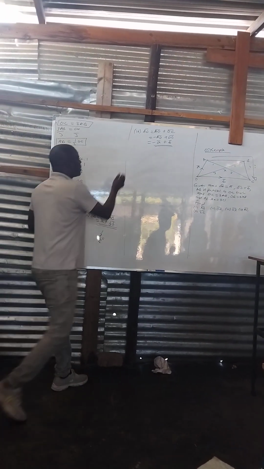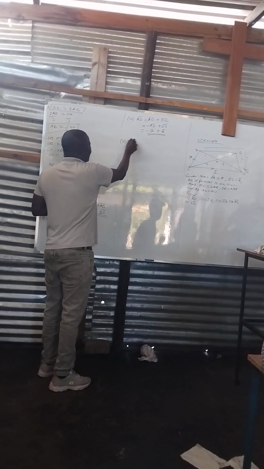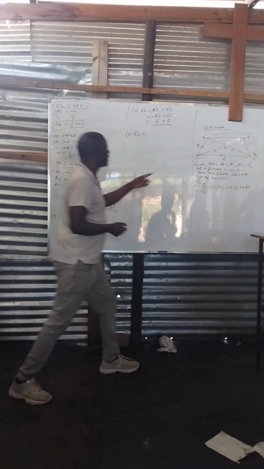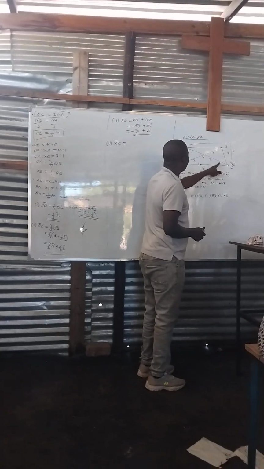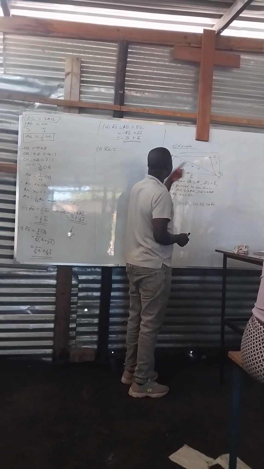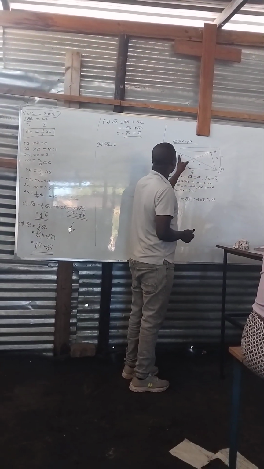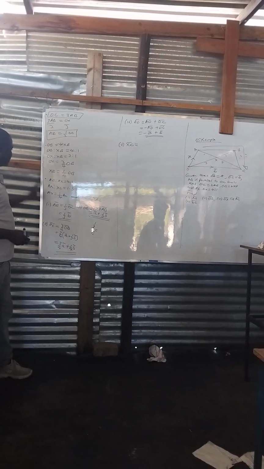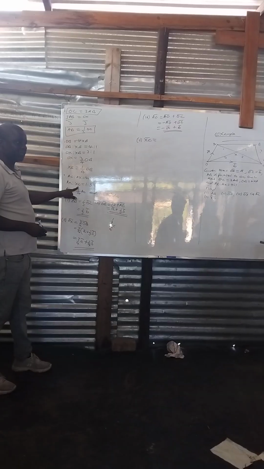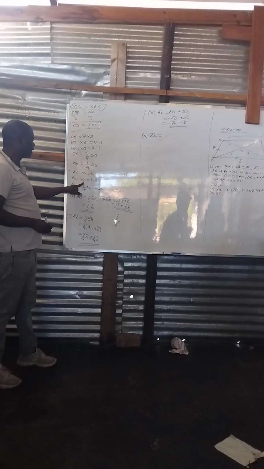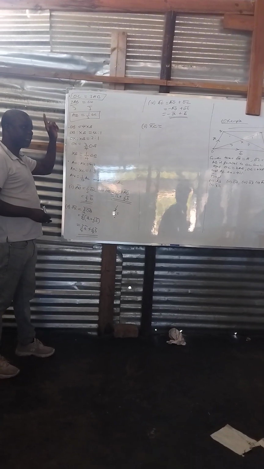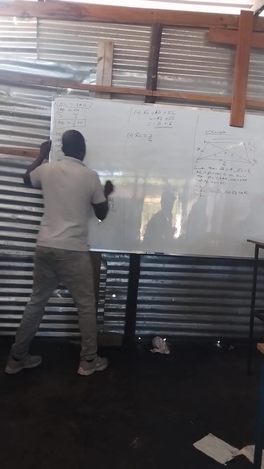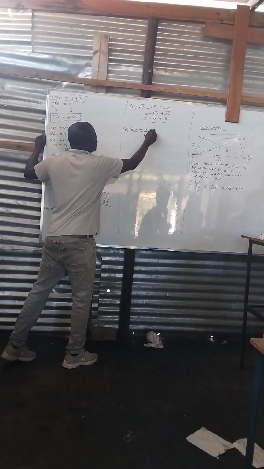Now, the last part, item 5. XC. How do you calculate XC? What are we given about AC, AX, XC? XC is 3 parts of the 4 parts, so 3 out of 4 of the whole line AC.